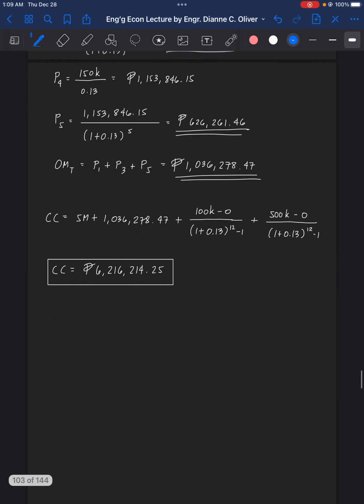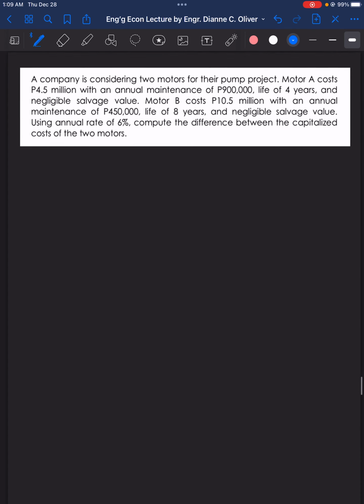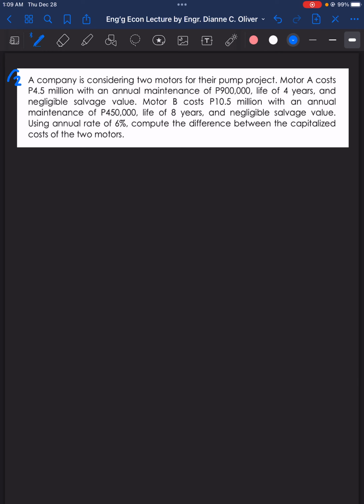Now let's go to problem number 2. A company is considering 2 motors for their pump project. Motor A costs 4.5 million pesos with an annual maintenance of 900,000 pesos, life of 4 years, and negligible salvage value.